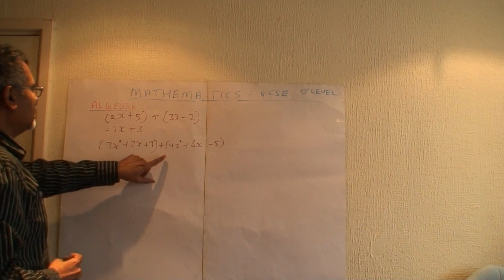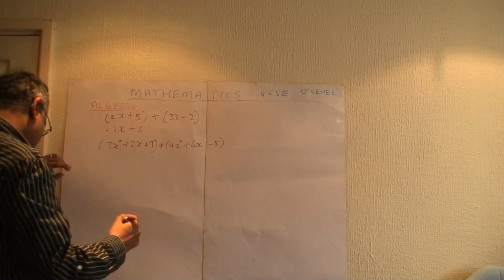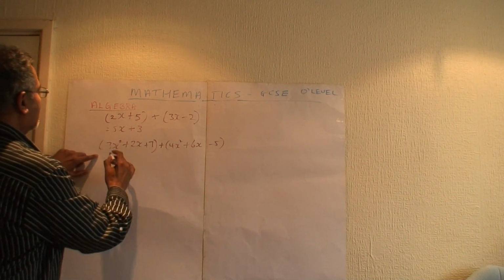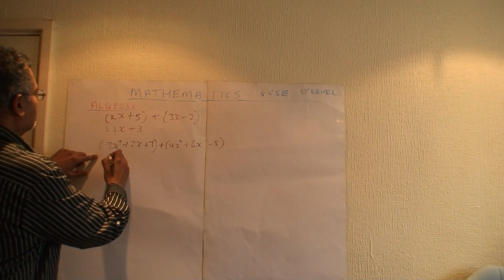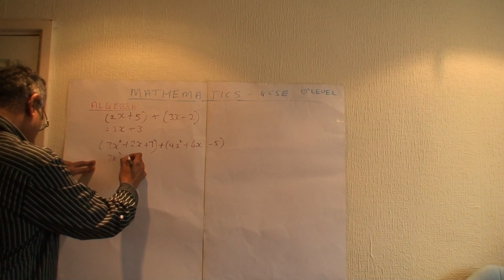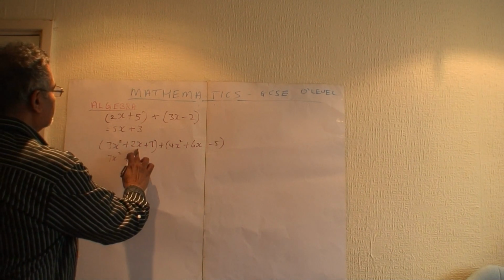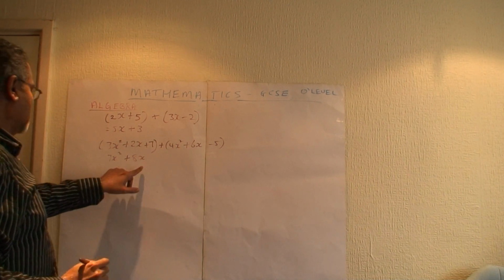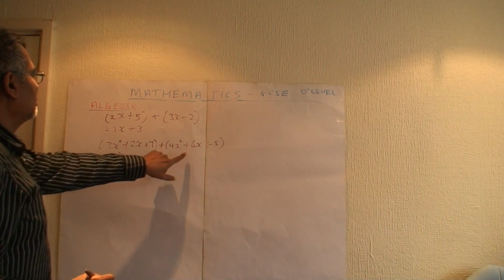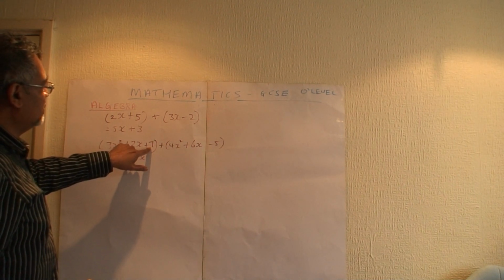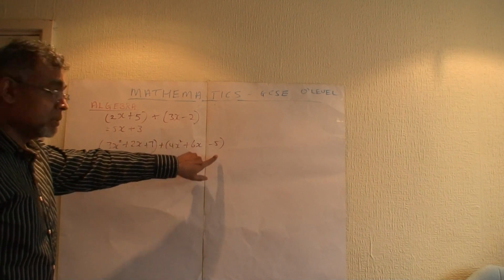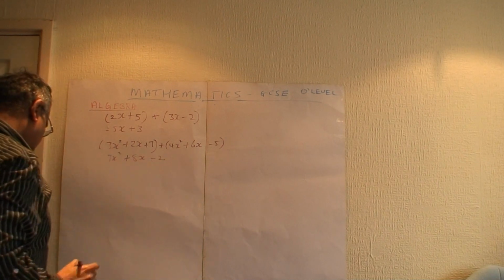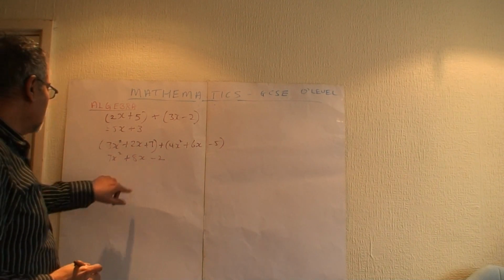So you have 3x squared plus 4x squared, so that is 7x squared. Plus 2x plus 6x, that's 8x. And then we have 7 minus 5, which is 2. That's the one for that one.